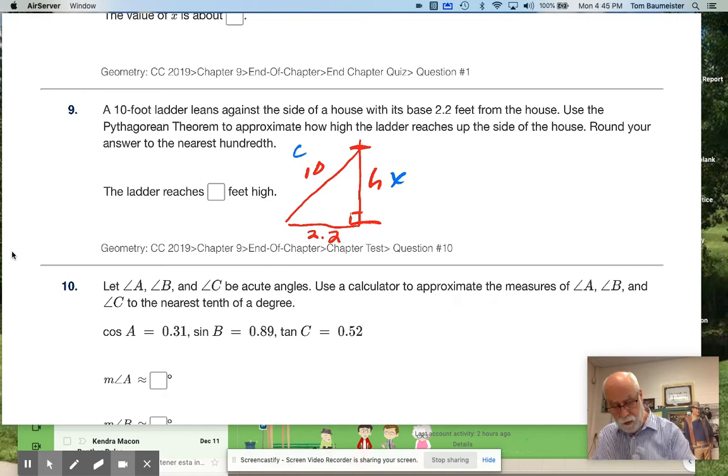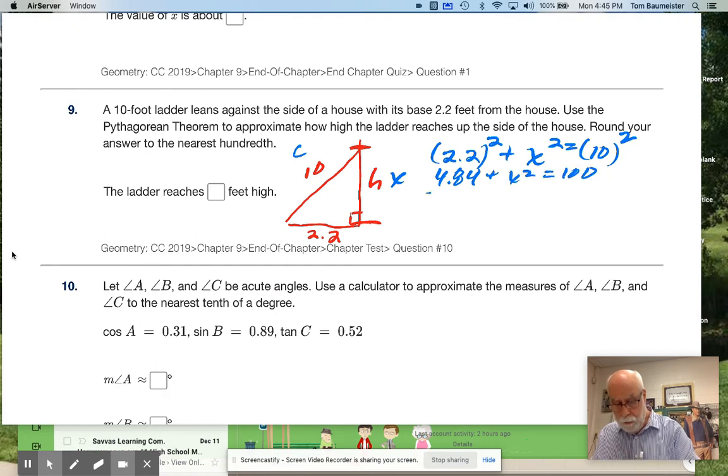So we could say a squared plus b squared is equal to c squared, or we can say that 4.84 plus x squared is equal to 100.